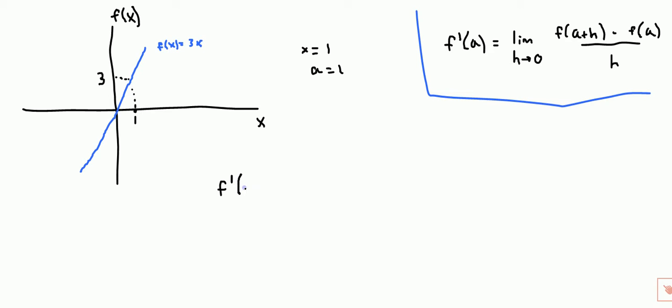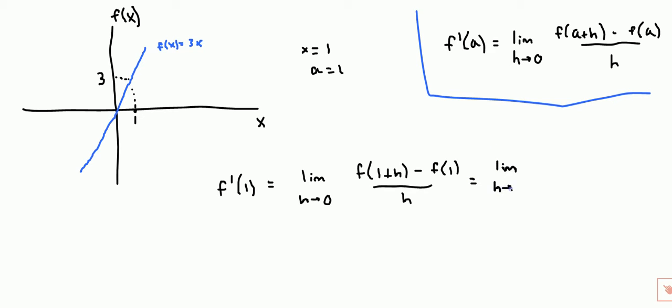So f prime of 1 equals the limit as h approaches 0 of f of 1 plus h minus f of 1, divided by h. What is f of 1 plus h?